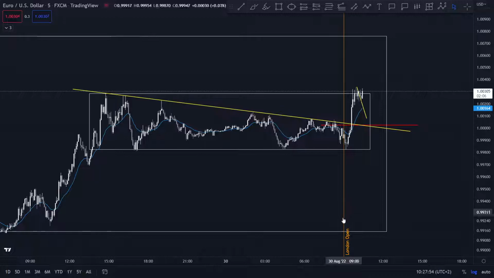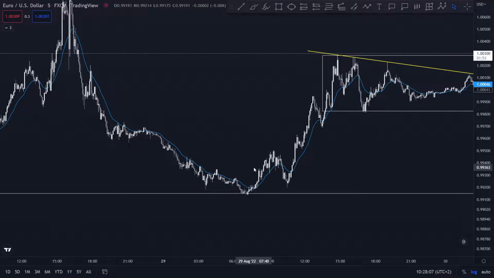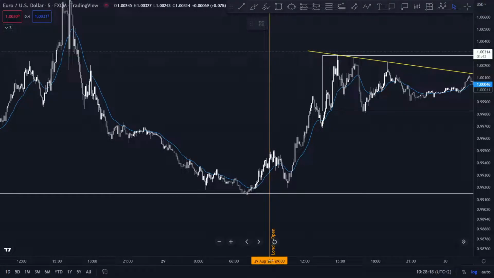Yeah, London opened at 9 o'clock. Right now it's around 10:30. So London has been open for 1 hour and a half. This is yesterday's London open.